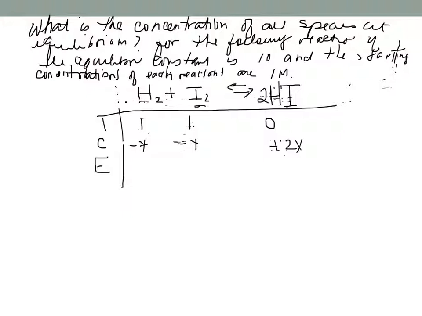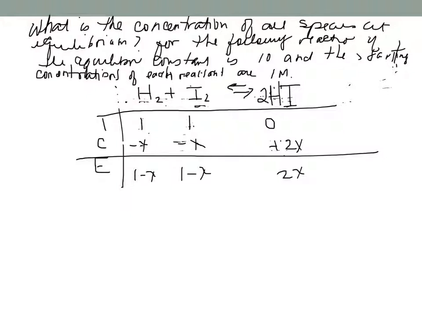All right. So in equilibrium, we would add these two things up. Adding these up over here, we get 1 minus x. Adding this up over here, we would get 1 minus x. Adding this up right here, we would get 2x.